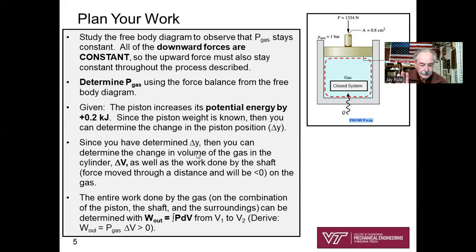Okay, so more head scratching. If you've got delta Y and you know the diameter of the piston, you can calculate the area of the piston easily. And so then delta V, the change in volume of the gas, is easy. That's going to be area of the piston times delta Y. Easy.